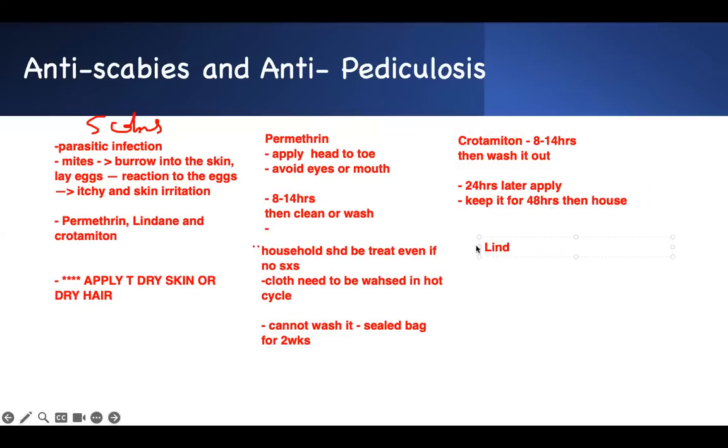If they give you Lindane, this is bad, but it's very good. The same thing, you apply it, then keep it for 8 to 14 hours. But then there's a problem. You should avoid it in kids.